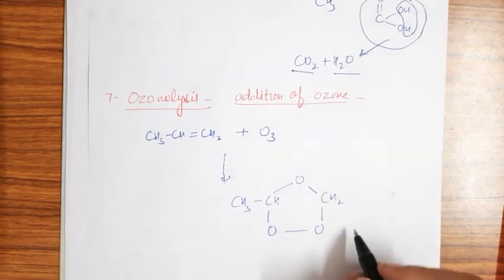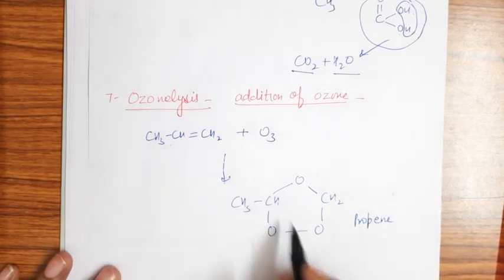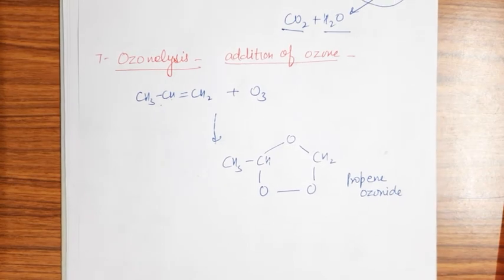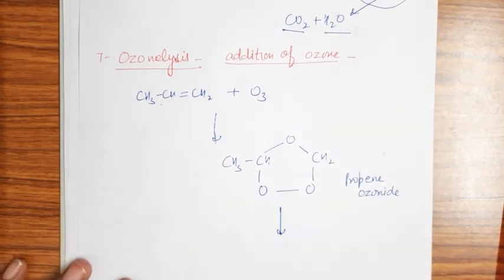Now this intermediate which is formed here is known as the ozonide because it is formed from propene. So propene ozonide. If it is from butene, then it is butene ozonide. And this intermediate product is unstable.